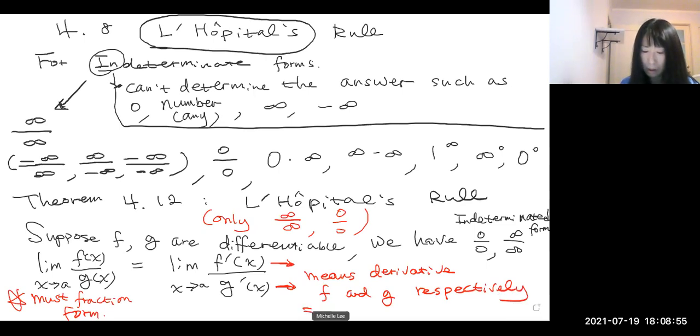It means no quotient rule. Is it clear? Okay, we don't use a quotient rule because fraction form, okay? So we do derivative of numerator, then we do derivative of denominator respectively. Okay, very good. Okay, I'm gonna erase this one.